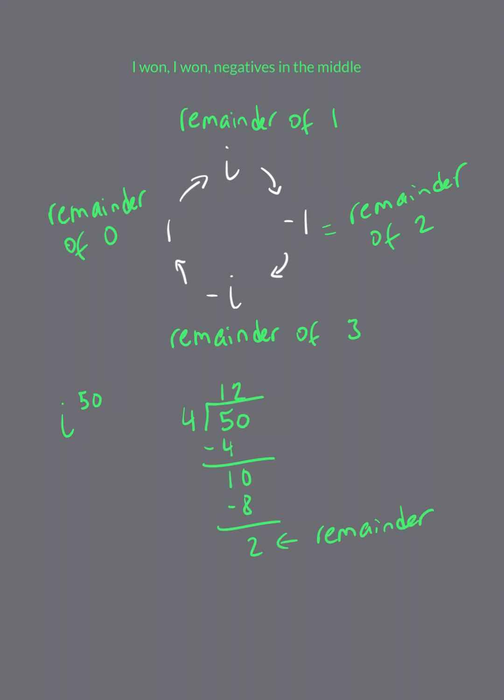So that means that i to the 50th is equal to negative 1. It would mean that we would go around the circle 12 times, and then we would end up here and then here for a remainder of 2. So we would say that i to the 50th is equal to negative 1.